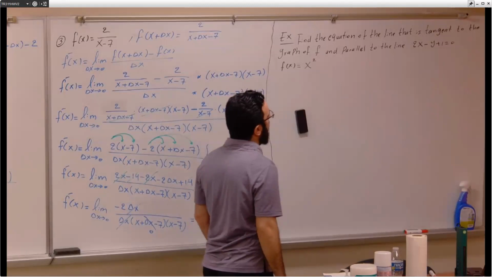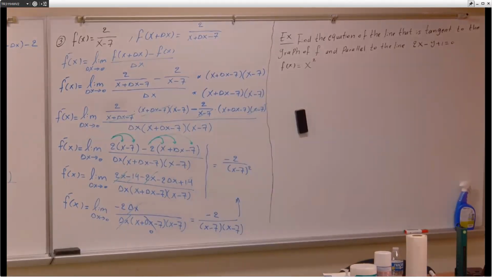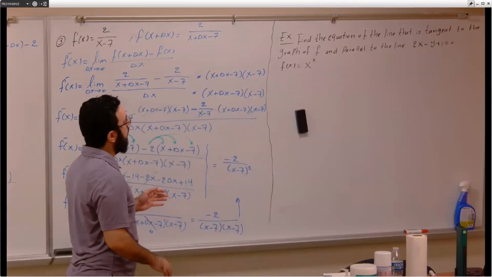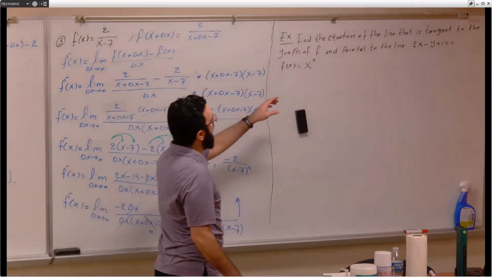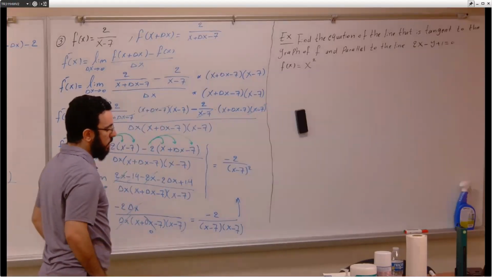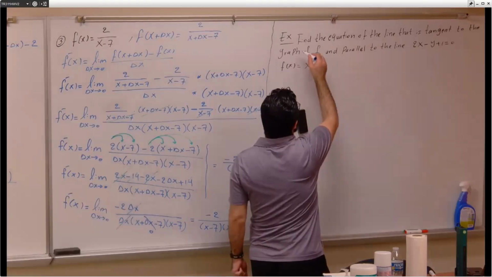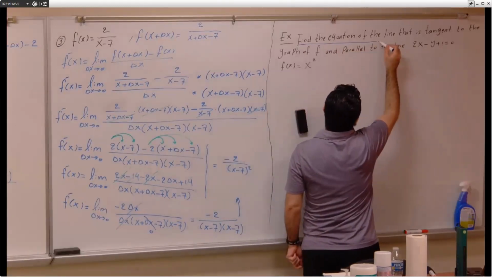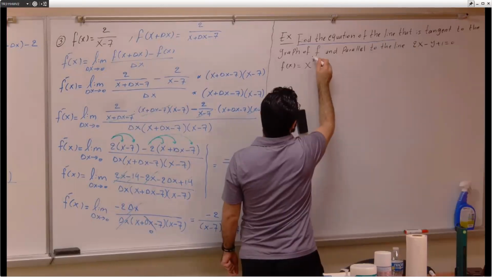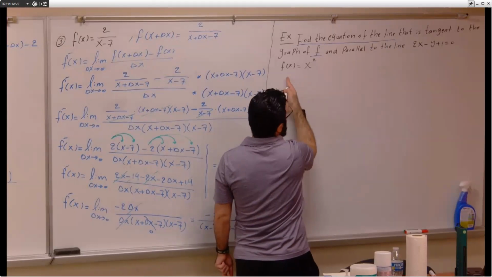So the first thing: we have a line and we have a graph, and there is no point given. Our goal is to find the equation of the line which is tangent to the graph of f of x and parallel to this line.